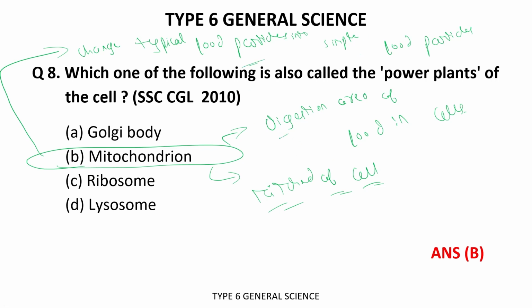Okay, so that's why it is considered as a digestion area of food in cells, and that is also considered as a kitchen of the cell. And it is the part inside the cell which has its own DNA. Okay, which means deoxyribonucleic acid. Okay.